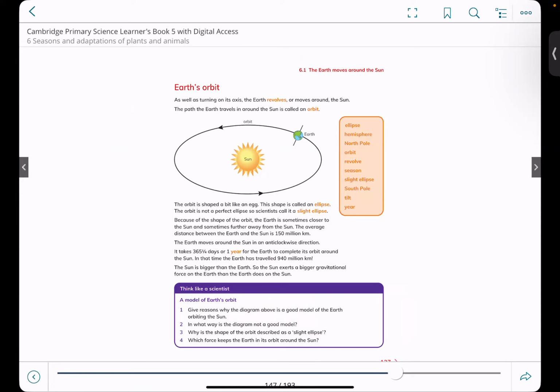The orbit is slightly elliptical in shape, and this movement happens anti-clockwise. Day and night is also caused because of a certain factor, which I'm going to take in the next page.